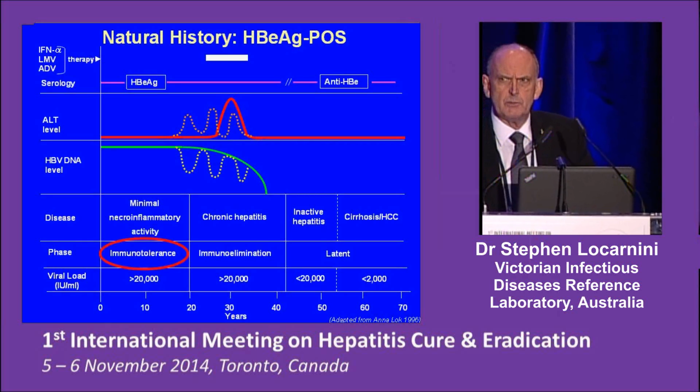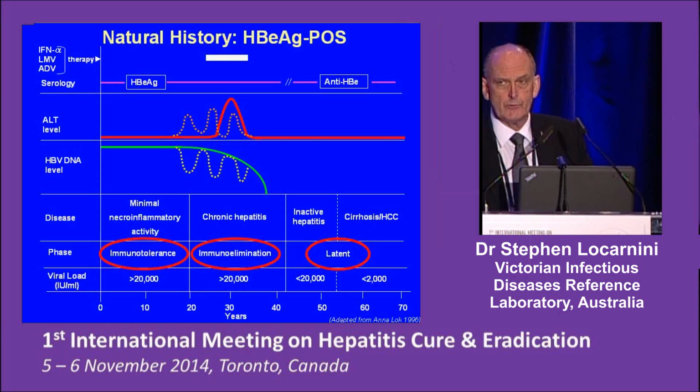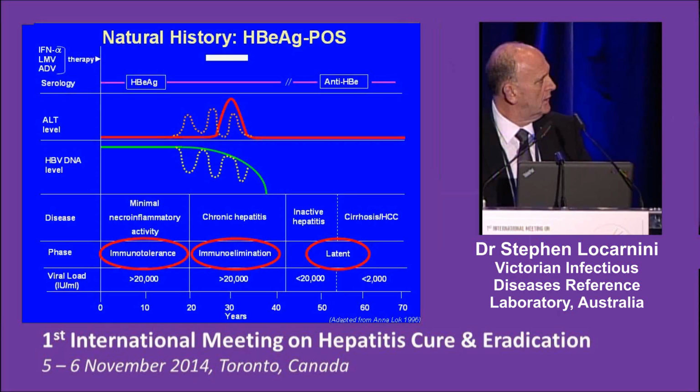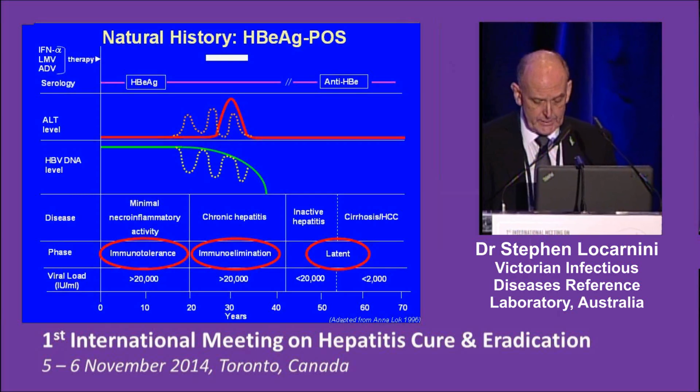If you're an immunologist, what is immune tolerant anyway? You're tolerant to the organism. This is based not even on a quantitative E antigen level, but on E antigen positivity, near normal or normal ALT, with an ALT varying between 2 to 3 times the upper limit of normal depending on the laboratory, and high DNA.